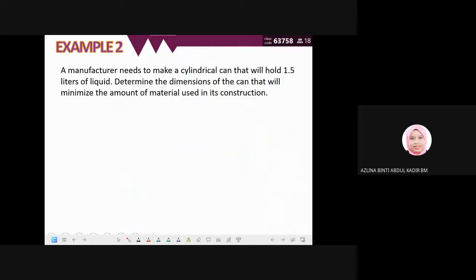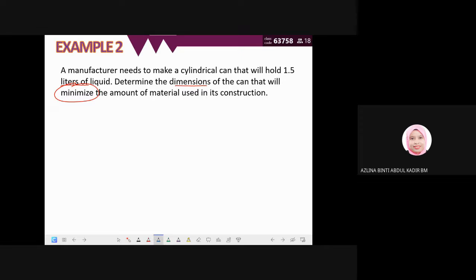Next, example 2. A manufacturer needs to make a cylindrical can that will hold 1.5 liters of liquid. Determine the dimensions of the can that will minimize the amount of material used in its construction. 1.5 liters of liquid, so what is it talking about? Volume.